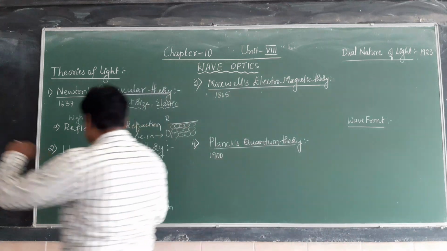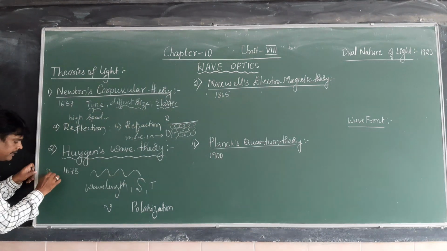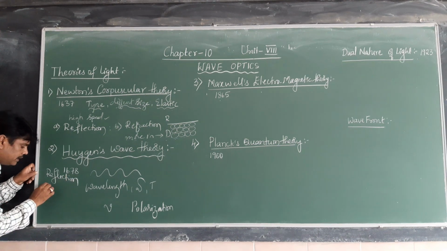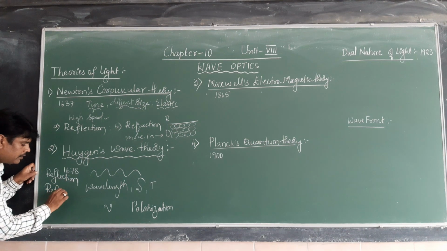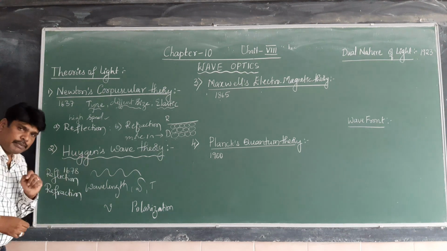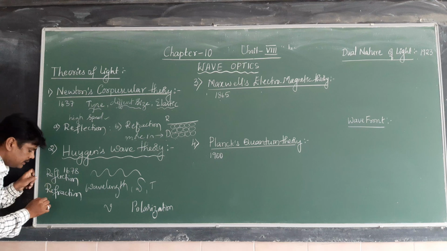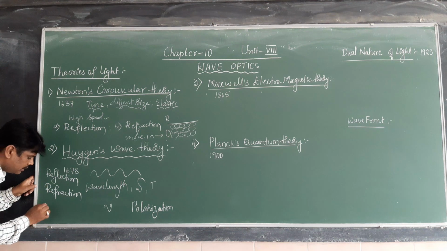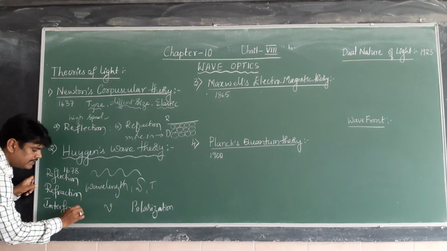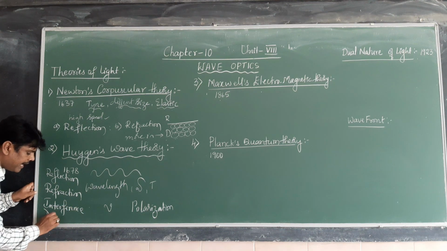I already listed those. Reflection is explained successfully. The second one is refraction, which is also explained successfully. Rectilinear propagation is also explained by this wave theory. The third one is interference, which is also explained.